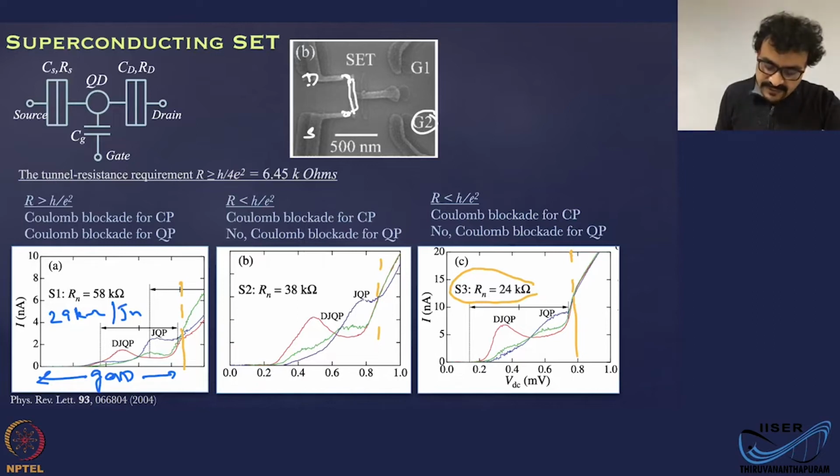So now when you reduce the resistance to 38 kilo ohm, that is approximately 19 kilo ohm per junction, you are getting this feature stronger. You can see a strong subgap feature because now you have reduced the junction resistance.